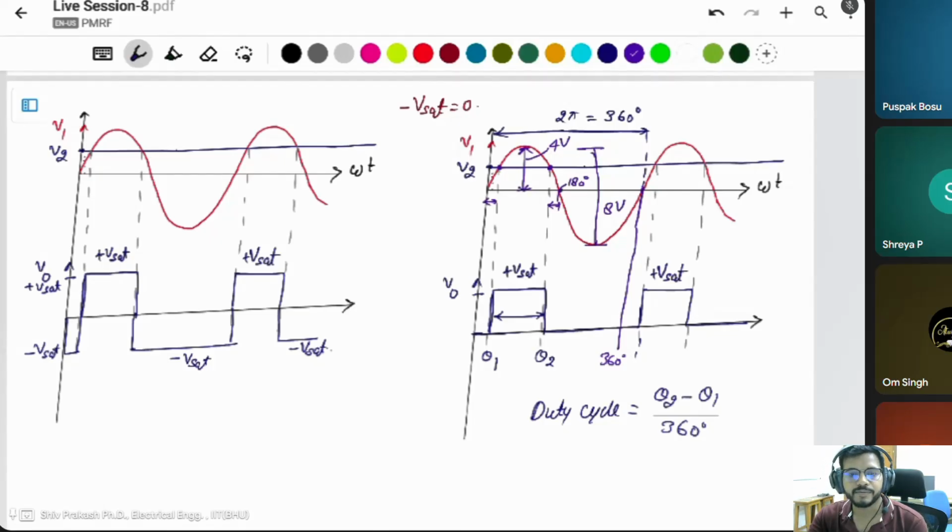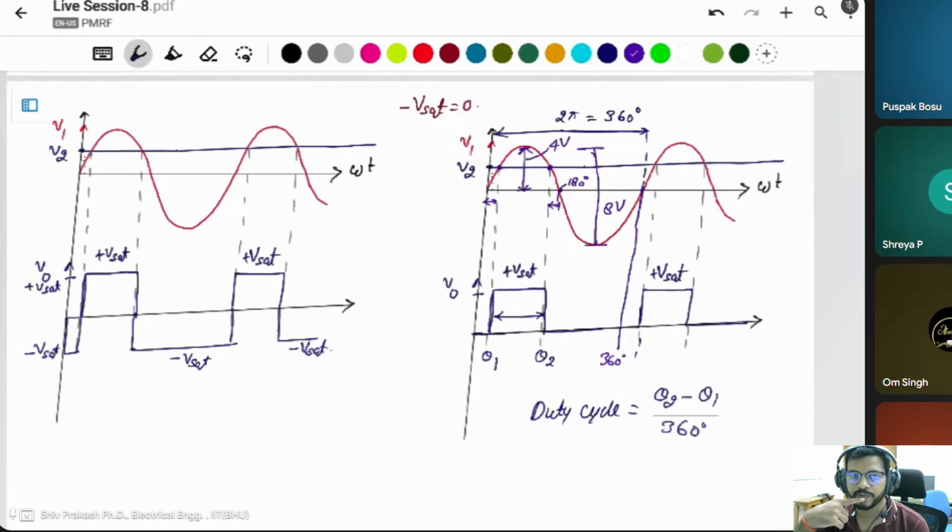Okay. Okay, sir. This type of circuit you can use to generate a PWM pulse for any circuit, like to drive a MOSFET or IGBT or switches. This type of circuit is applied in a converter.